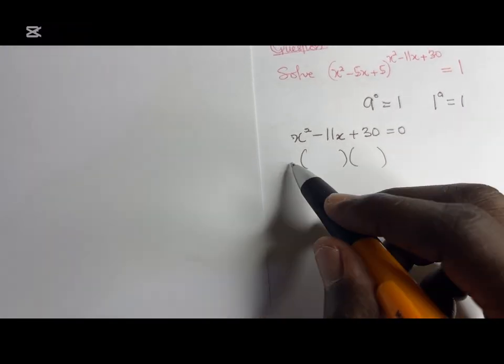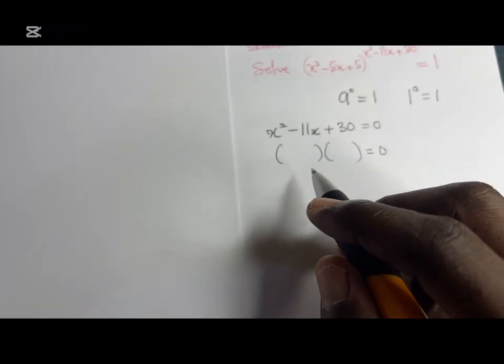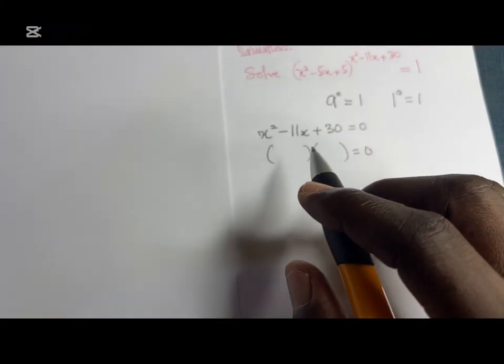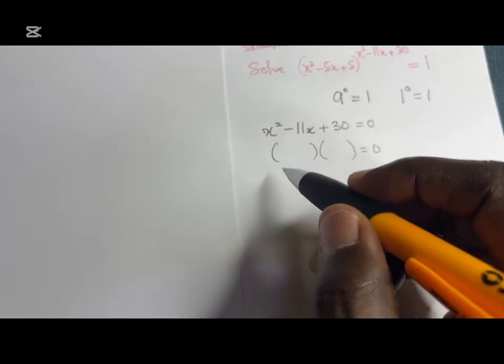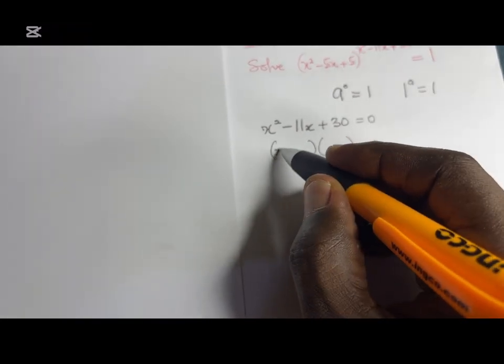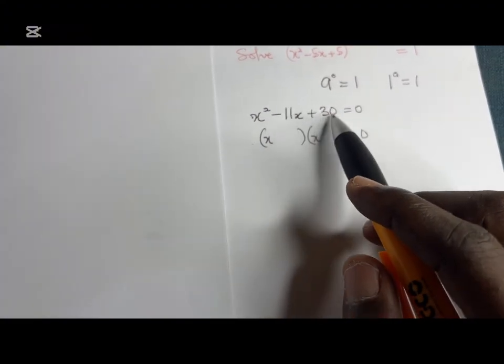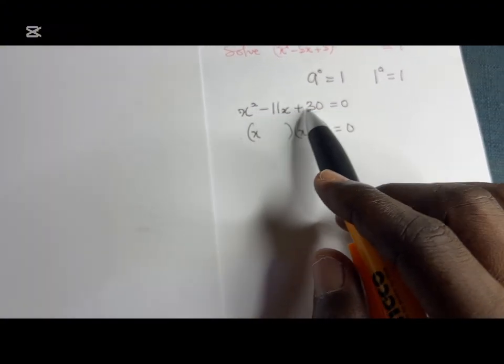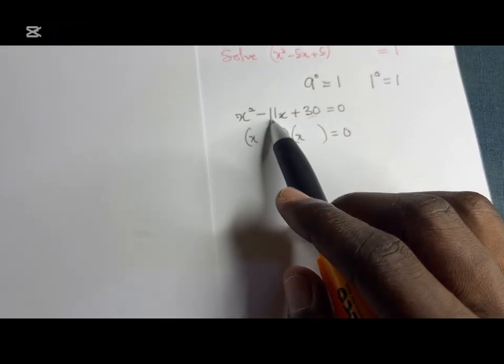Since it should be two different factors, we first put two brackets. I've explained this in my previous video, so you can check it out. So we have x here, x here. So we look for pair factors of 30 that when you add, you get 11.